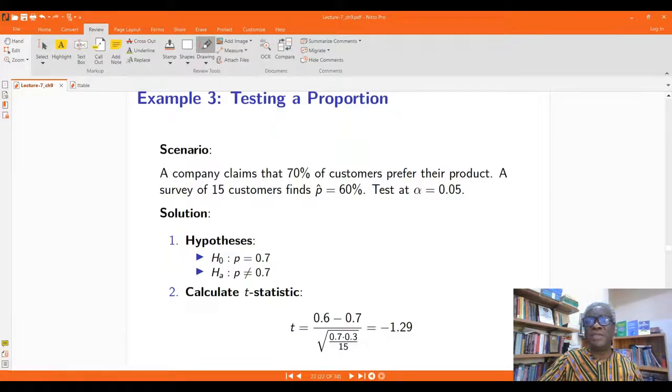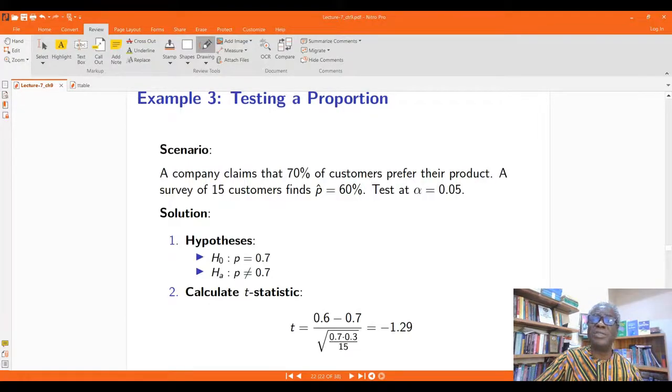And it was found that 60% of them, that's coming from the 15, prefer the product. So can we test whether this claim is true or not at 0.05 level of significance?